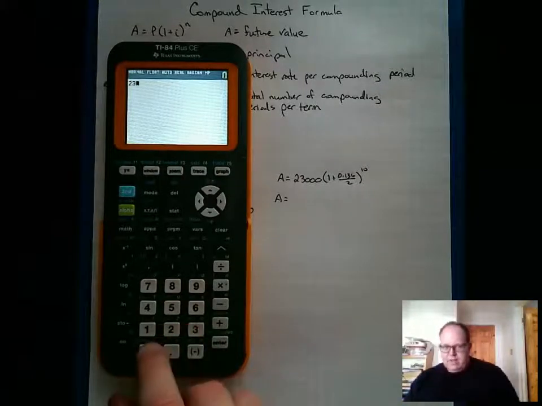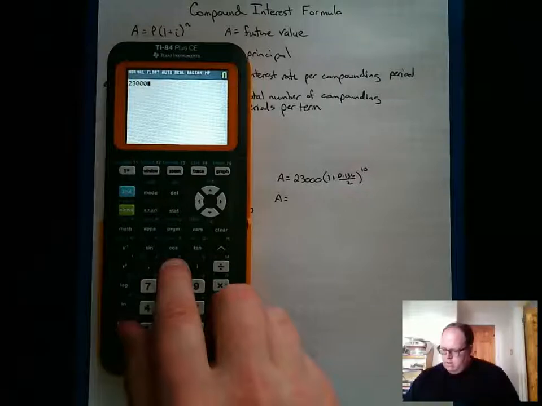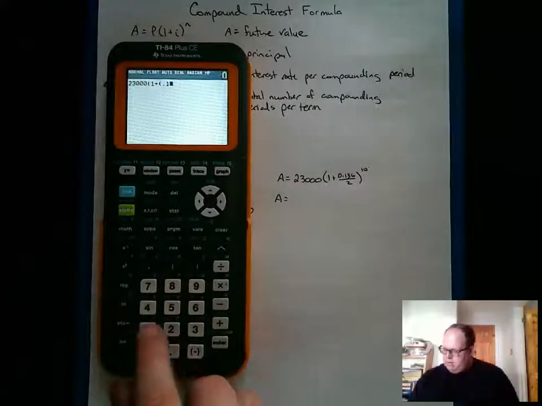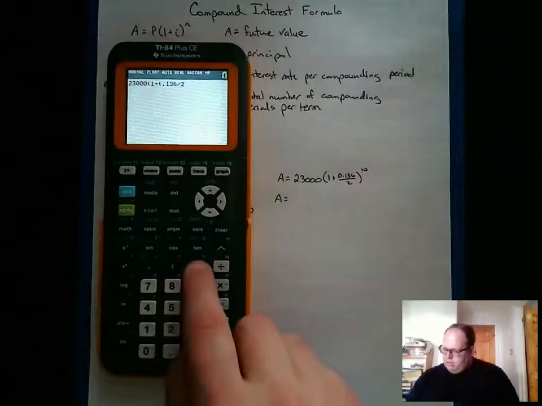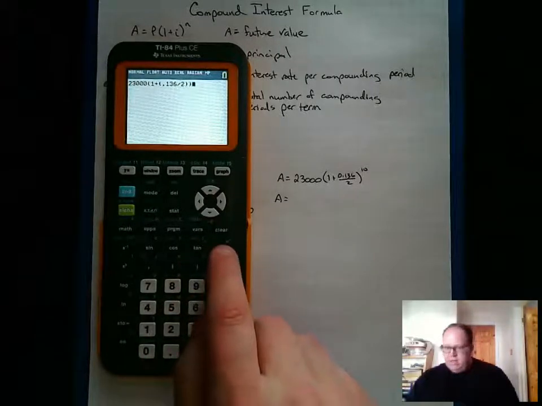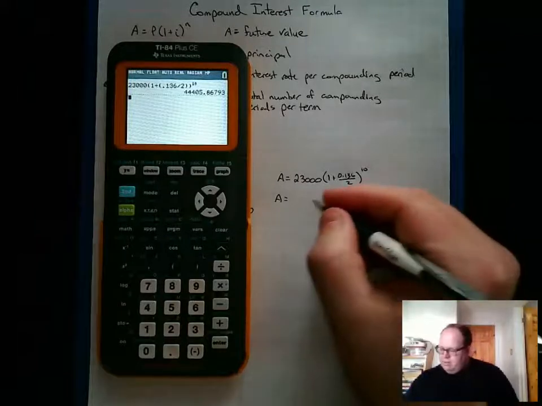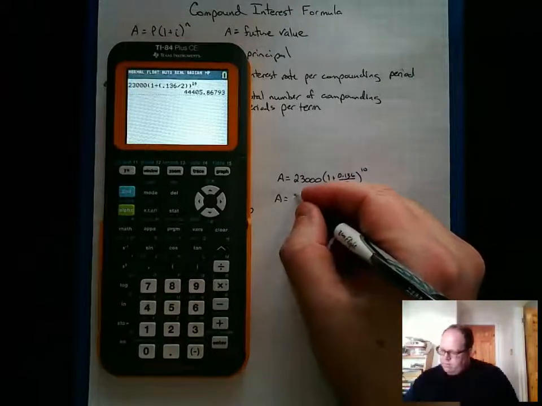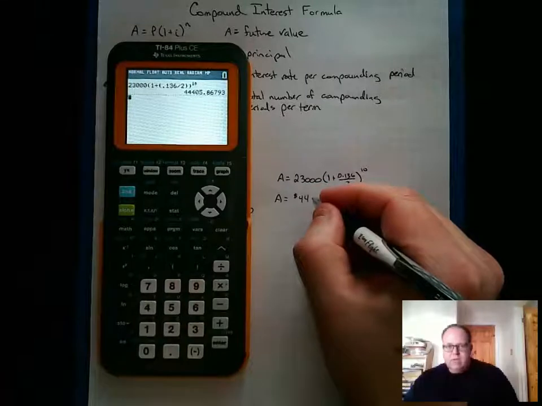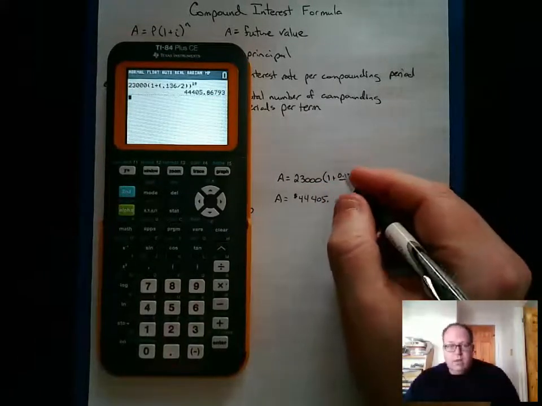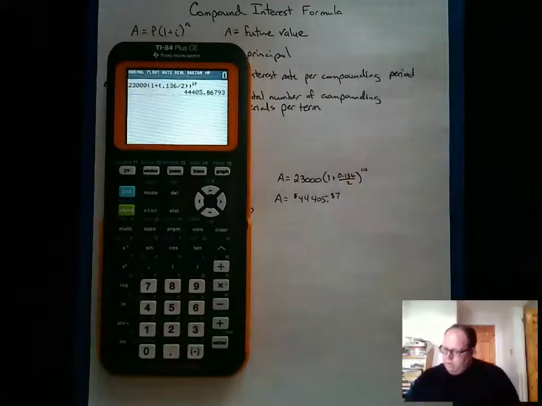You'd have 23,000 times in brackets 1 plus, and I'd put that interior fraction in brackets, 0.136 divided by 2, close both sets of brackets, and then raise that to the power of 10. And enter. So after 5 years, his investment is going to be worth $44,405 and 87 cents, rounding to the nearest cent because it's a monetary amount.